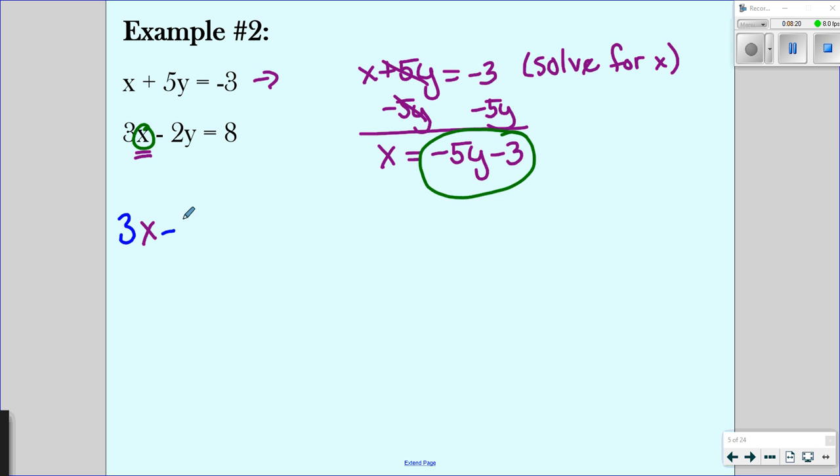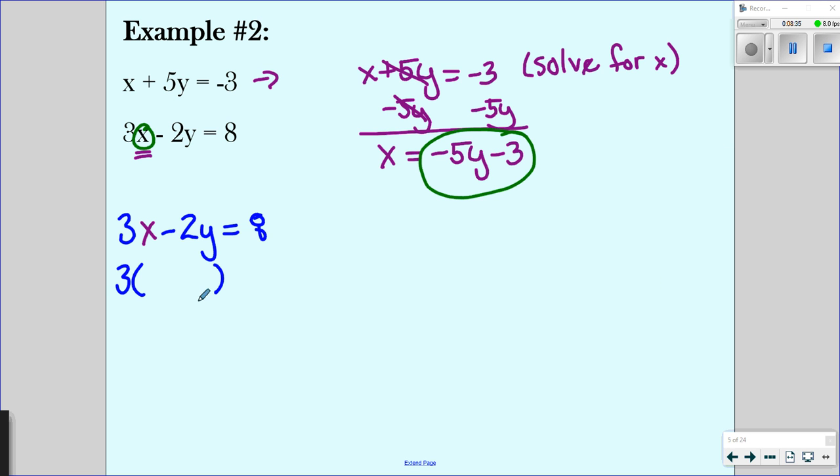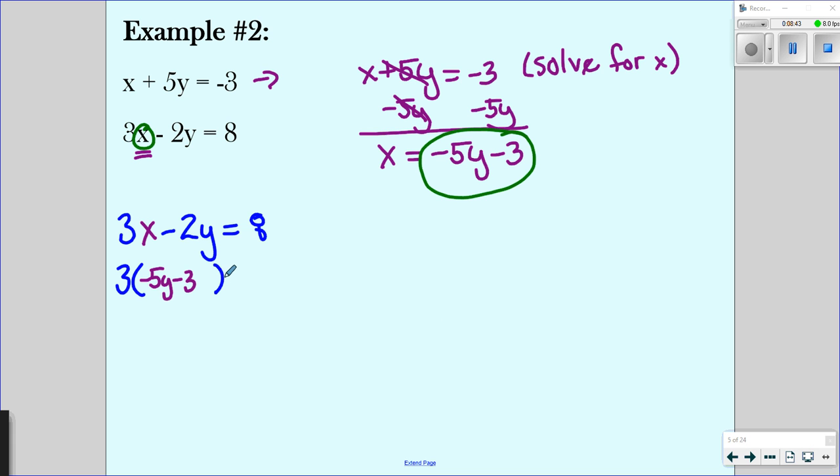And then I'm going to write -2y equals 8. And then wherever there's an x, that's what I'm going to replace it with. It's going to be -5y minus 3. And then I'm going to put -2y equals 8.